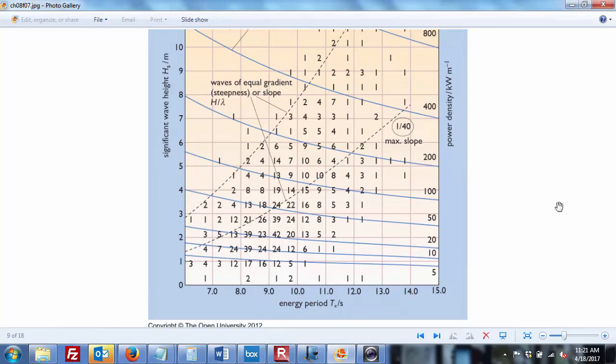So here again, the higher the wave, the more energy that comes in, and the more frequently that wave comes in, the more energy it has. So what we're kind of looking for, and it's similar to that distribution we did with wind not too long ago, where we were looking at how frequently wind of a given speed comes in.